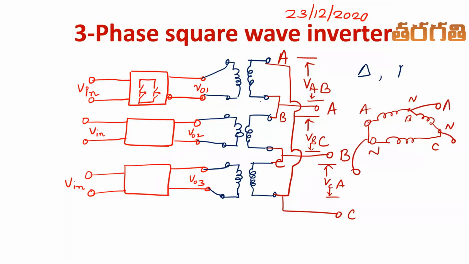So this is A, this is B, this is C. Because it is connected to B, we take it as B. It is connected to C, we take it as C. It is connected to A, we take it as A. So this is VAB, and this is VBC, like this. So this point is B, this point is C, and this point is A.